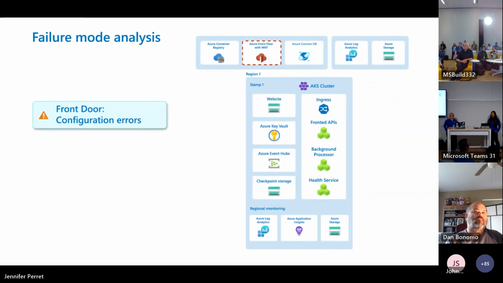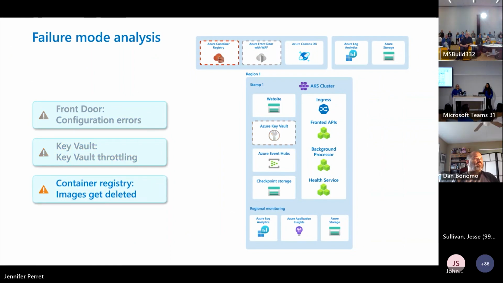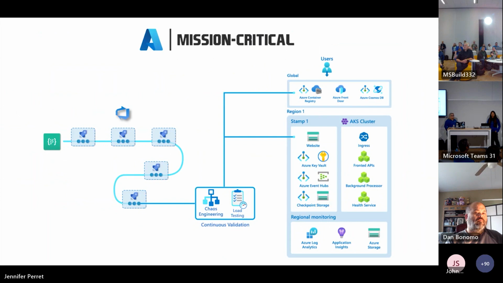Start by doing a theoretical exercise to analyze failure modes, where you walk through possible failure scenarios. Based on the analysis, perform failure injection testing, also known as chaos engineering. To get meaningful results, perform load testing in parallel and evaluate how the application responds to the injected faults.